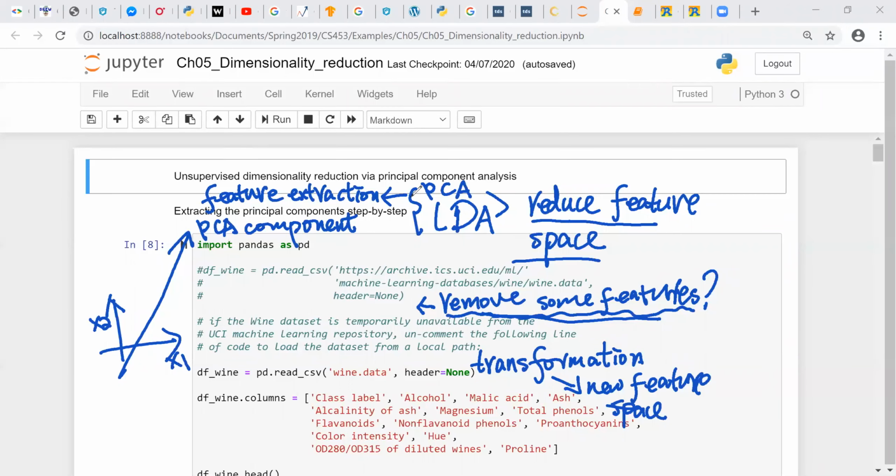For transformation, both PCA and LDA will do transformation. It applies mathematical coordinate system transformation, etc. But for the other one, you remove features and you don't need any transformation. It's purely based on, suppose originally you have features x1, x2 to xm, then you throw away some of the features and keep some of the features.